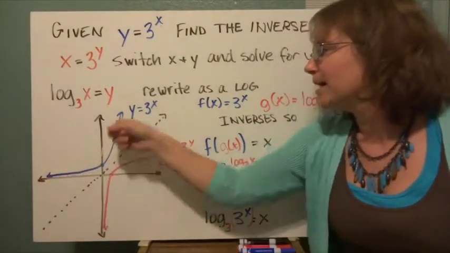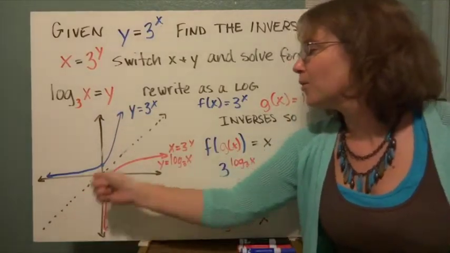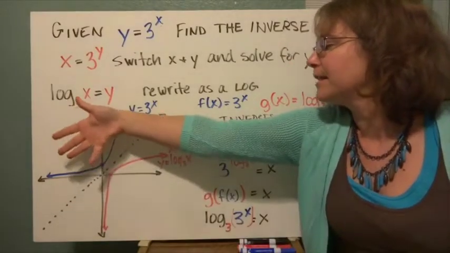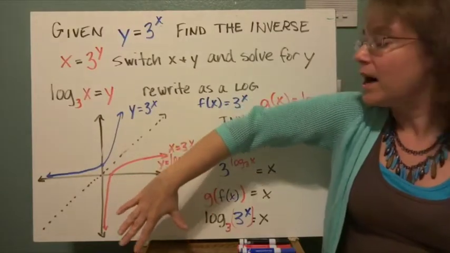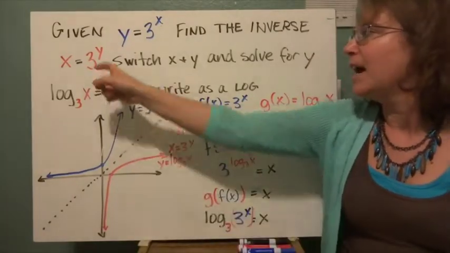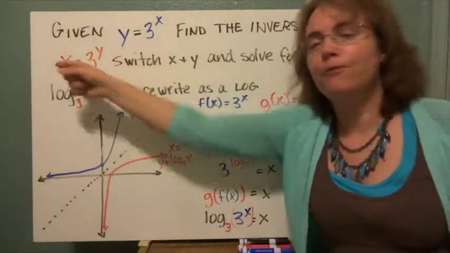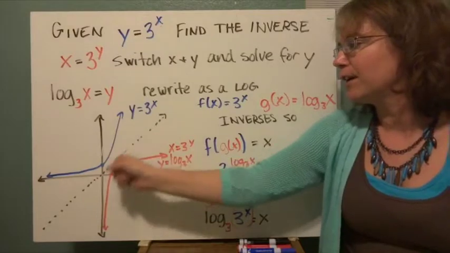So here, y equals 3 to the x power. And I know my inverse is going to be symmetrical, reflected about that line y equals x, because that's my identity function. I could also plug in values up here for y and solve for x, and I would get some values over here.